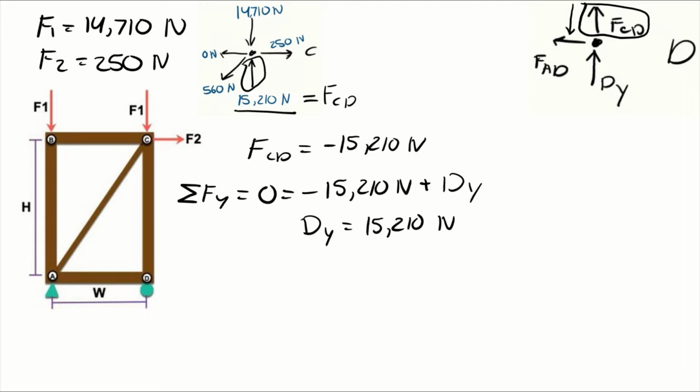And then moving into summing forces in the X, sum of forces in the X equals 0, which equals the only force going in the X direction, which is F sub AD. This makes it so F sub AD is equal to 0 newtons.